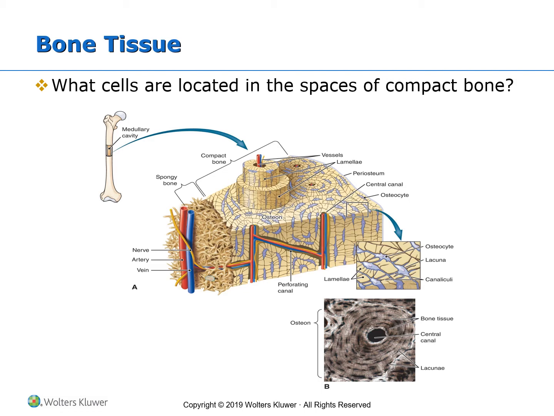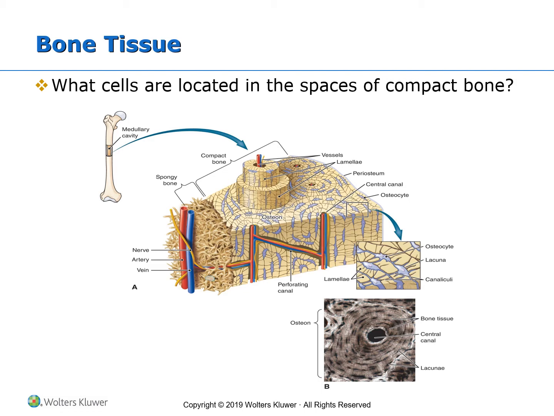And you can see here the osteon as the unit of bone structure. And you can see on the outside that this structure has a thin layer of periosteum. That's the membrane that covers the bone.